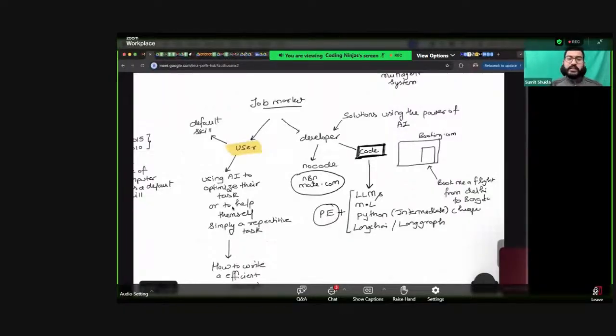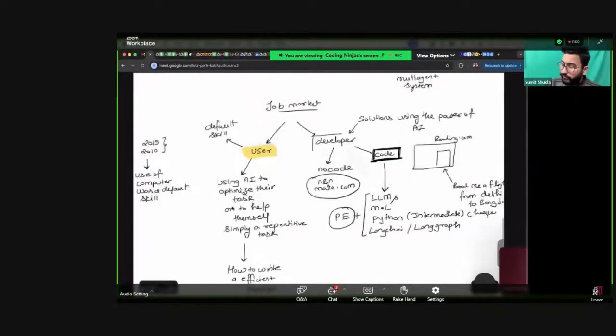We cannot avoid this. So this is basically what we at Coding Ninjas are trying to help the people with. If you are someone who is already in this particular sector, where you are an existing software developer or existing technical person and you want to get into this AI domain, then this is basically the section where the major requirement is coming up from the industry.